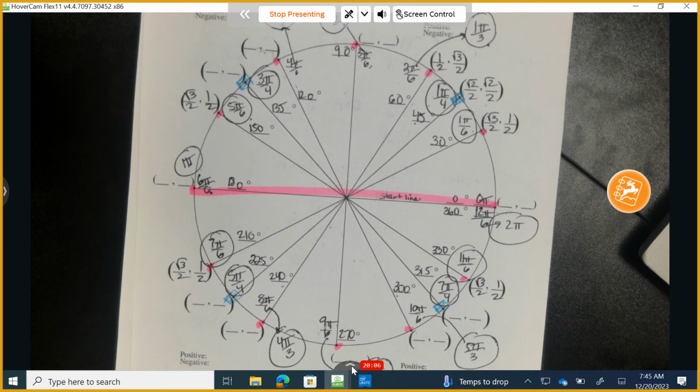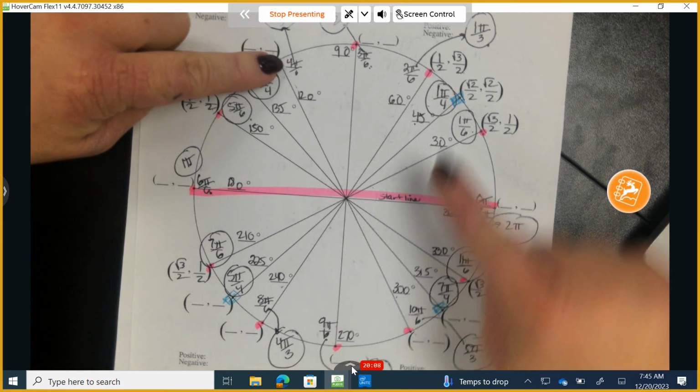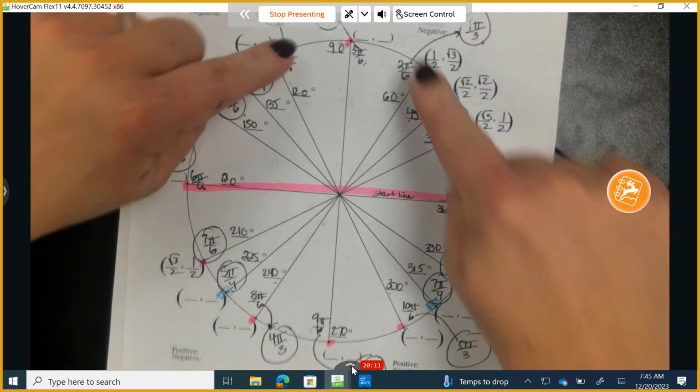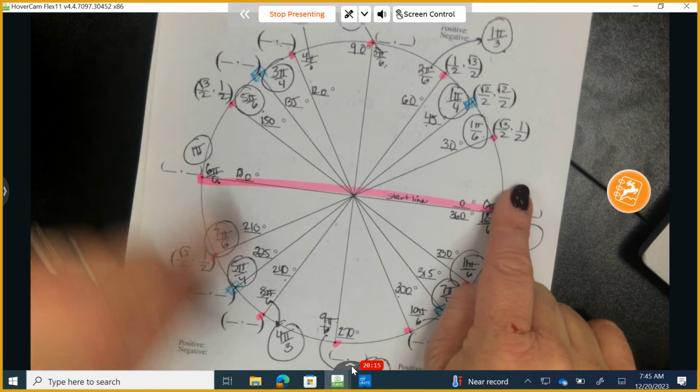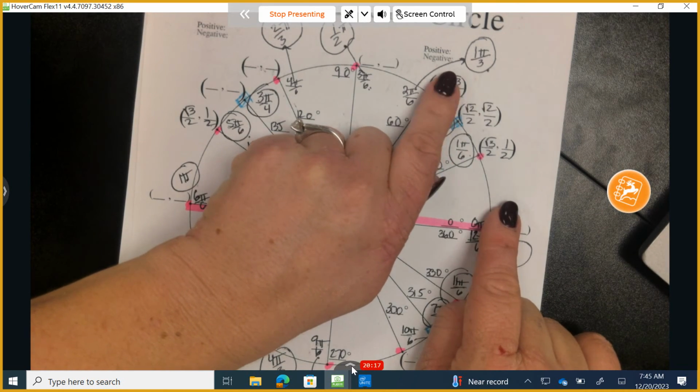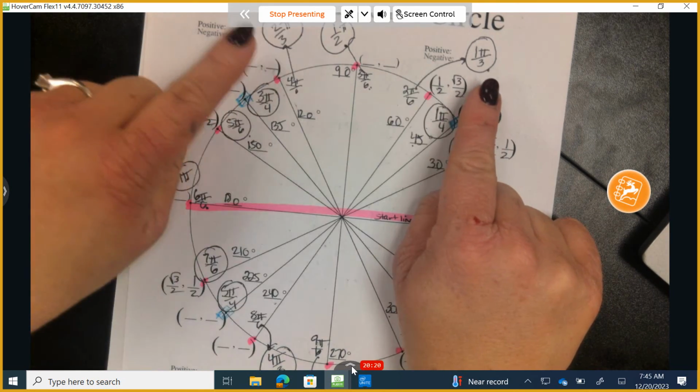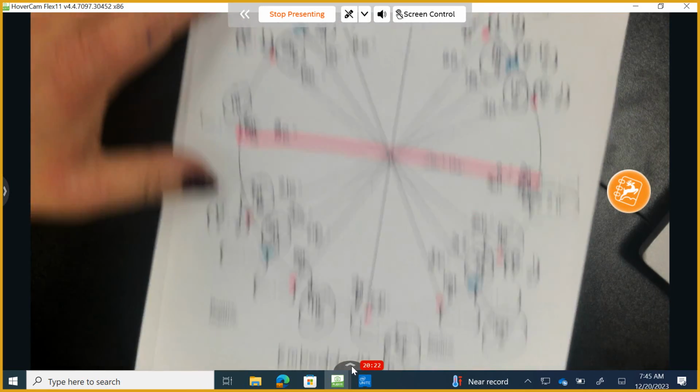Talk to your partner. Put your fingers on those. This is 60, this is 60, this is 60. So take this, and I want you to think of this as a stamp and stamp it here, here, and here. Go ahead.